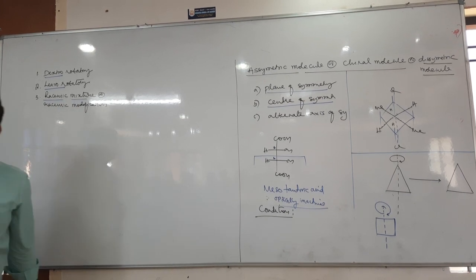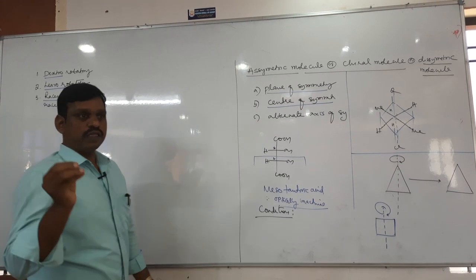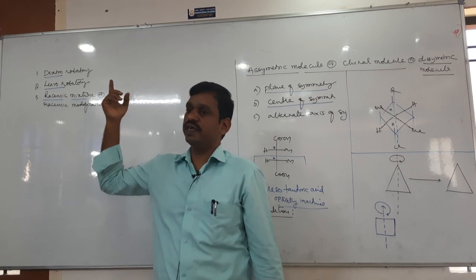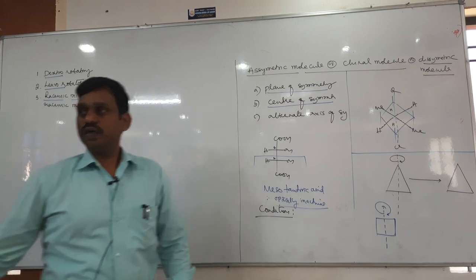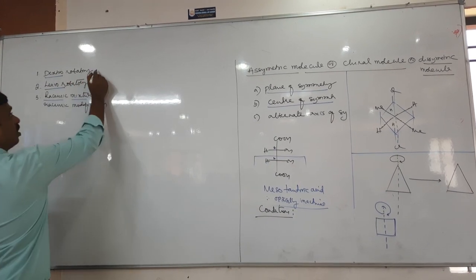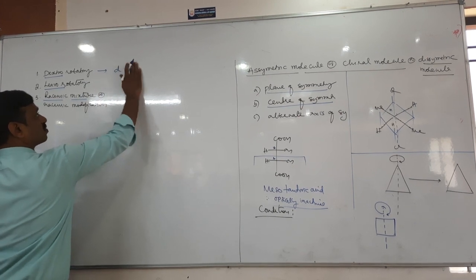What is dextrorotatory? The isomer which can rotate the plane polarized light towards the right side, which is the clockwise direction, is called dextrorotatory. It is denoted by small letter d or plus.